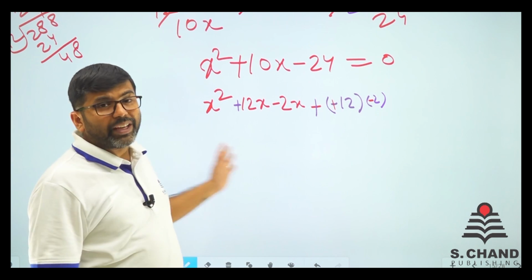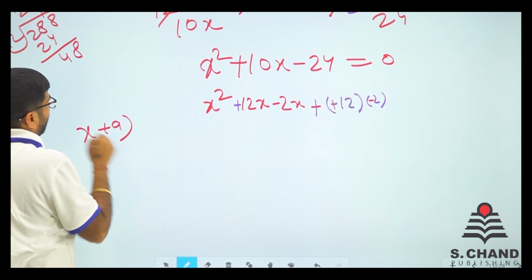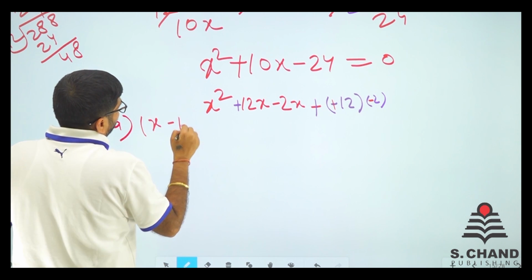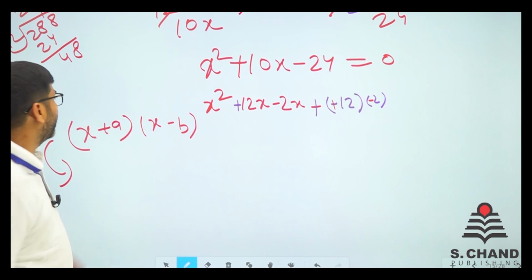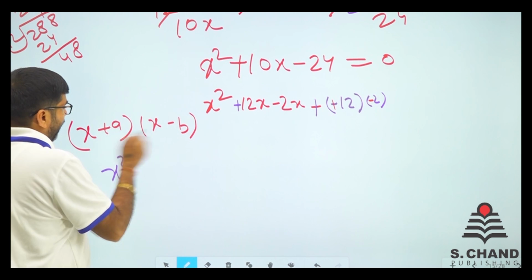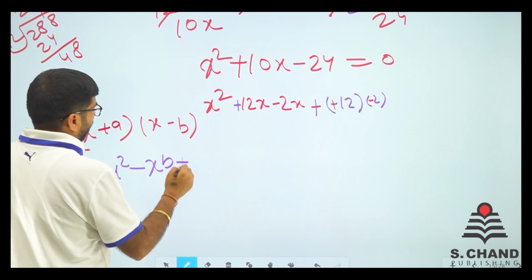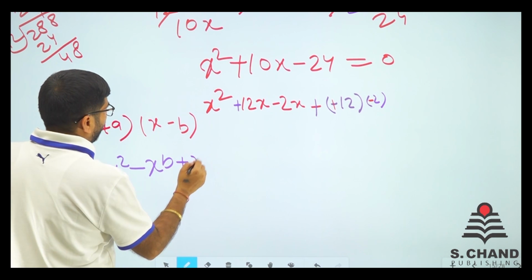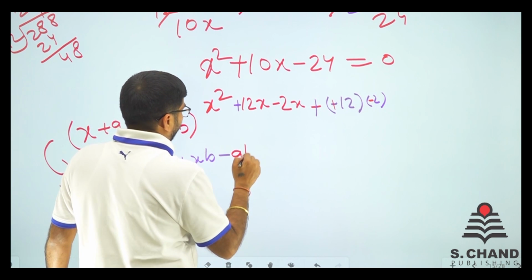So x minus a and x plus a. If you remember, x plus a, x minus b. When we multiply this x plus a, x minus b, we get x square here. Then we get minus xb, we get plus xa, we get a into b, so minus ab.